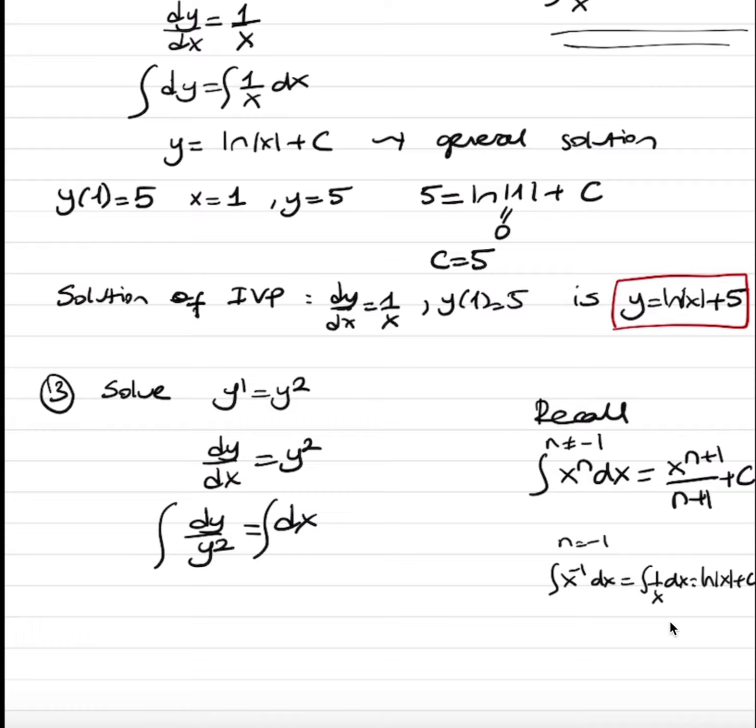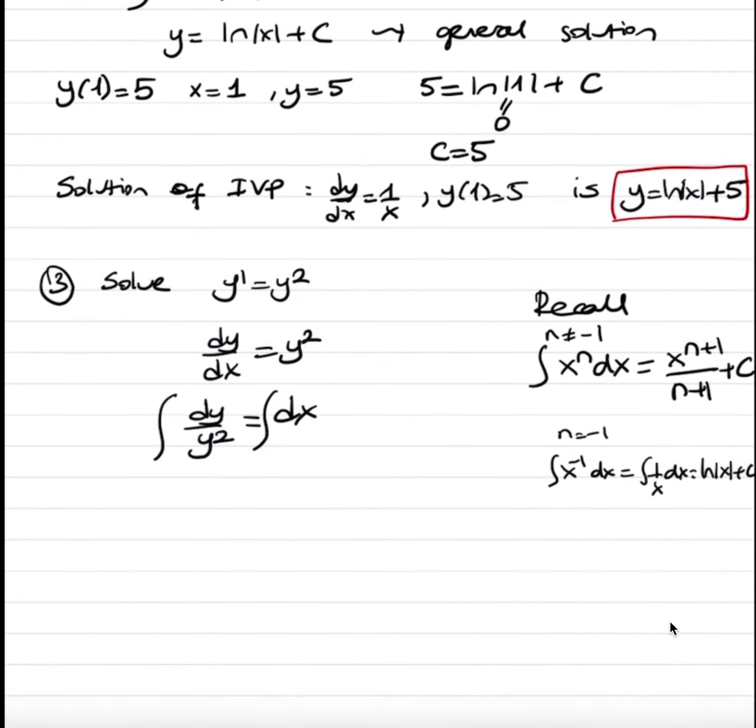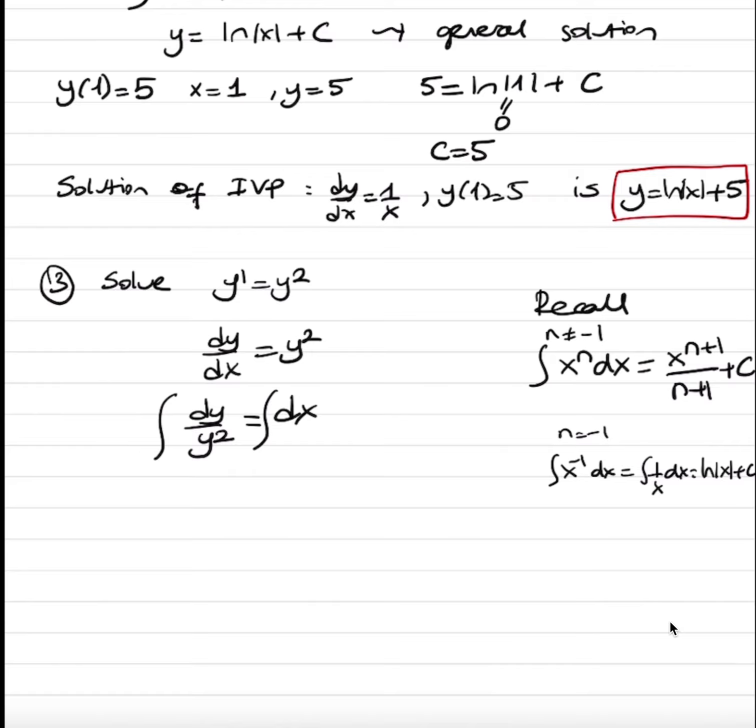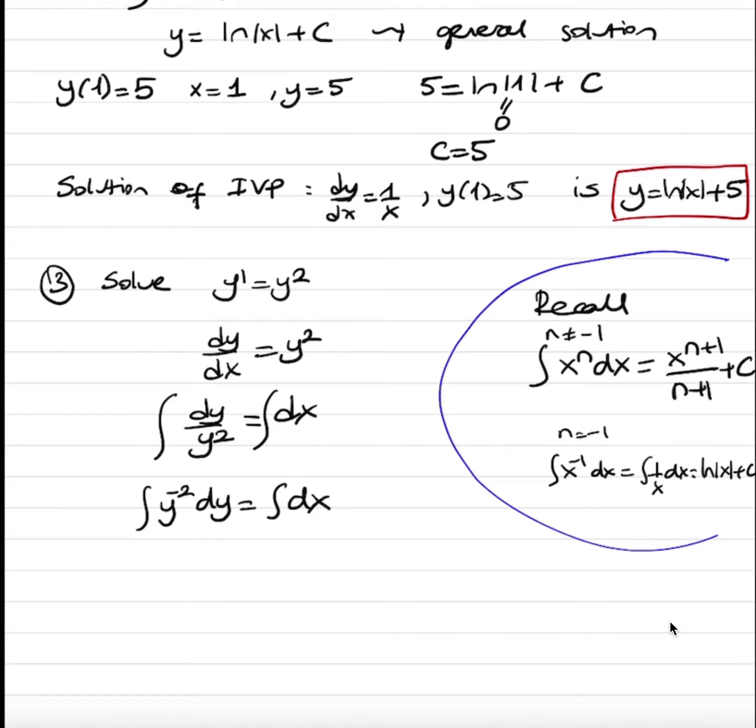And here we have something similar, instead of x we have y. So this was the recall. We can write 1 over y squared as y to the power minus 2 dy is equal to dx, right? So here n is equal to minus 2. So x or y, it doesn't matter. The same rule applies every time.